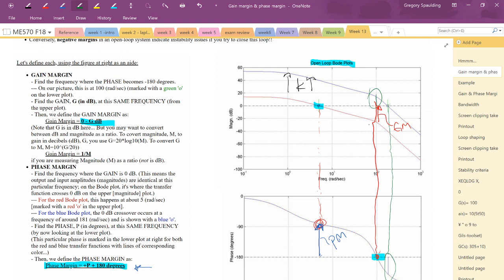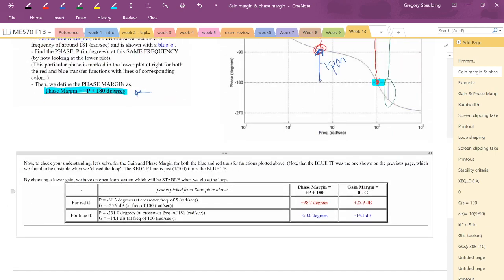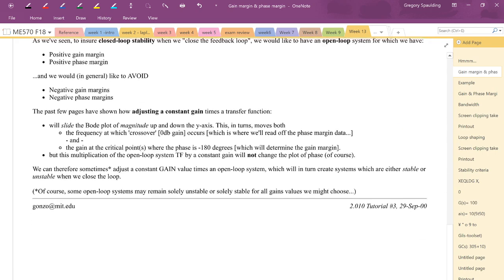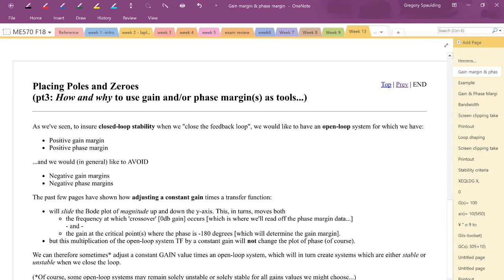And so that's what we want to do with these margins: use them to assess the stability of our system. Okay, so again, just to emphasize, we want positive gain margin, positive phase margin.